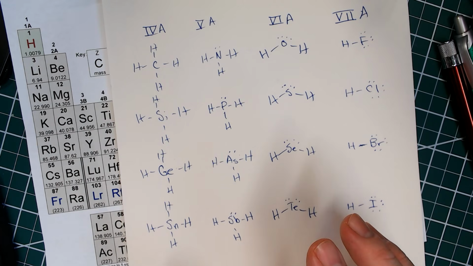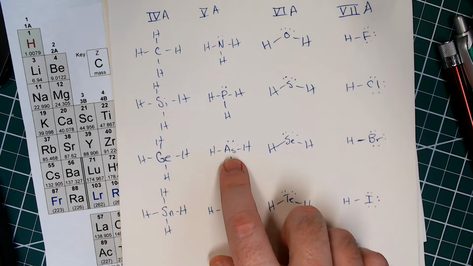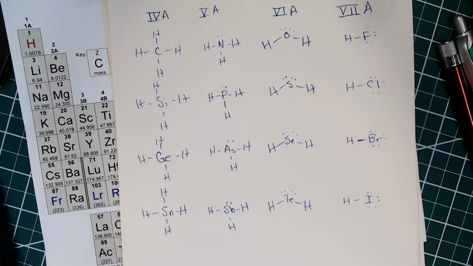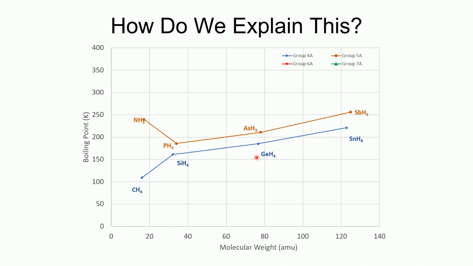Now, they're not all equally polar, but they are all a little bit polar. So those lone pairs will cause it to be a little bit polar. Well, not surprisingly, for the most part, we'll find that the boiling point increases as we increase the size. But you'll notice for sure that ammonia, NH3, is an outlier. It does not seem to follow that rule.